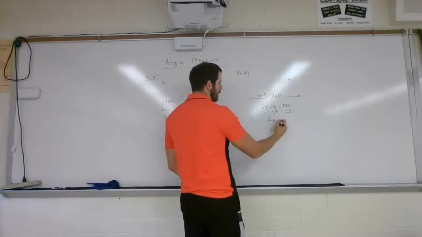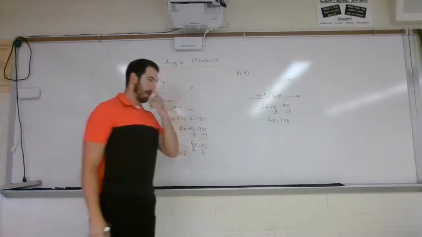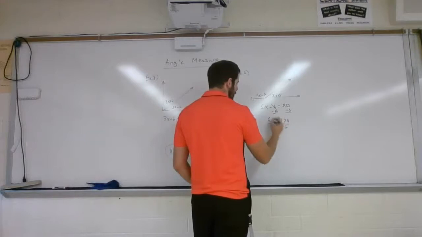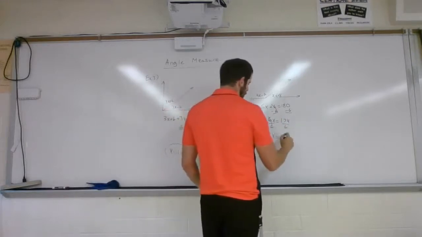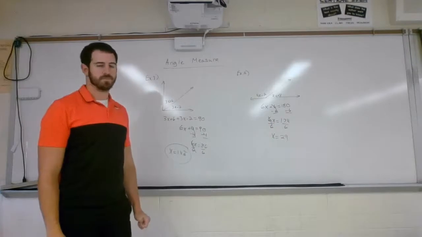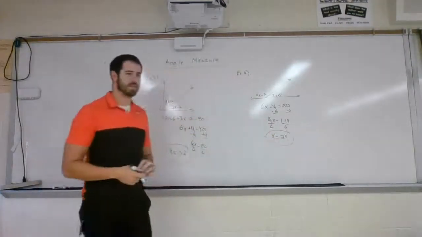We get 6x equals 174. Divide by 6. And we'll get x equals 29. And that's it, answered.